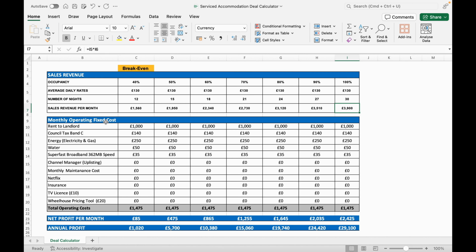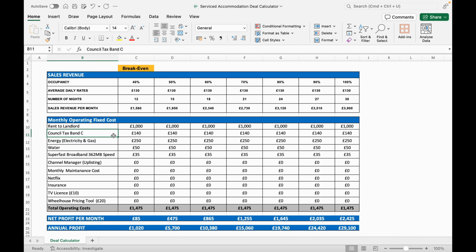Then the next one: these are monthly operating fixed costs. You can call them expenses, whatever you want, but I call them monthly operating fixed costs. No matter what, whether the property is empty or full, I will still need to pay these expenses. The rent to the landlord for this type of property, we pay £1,000.